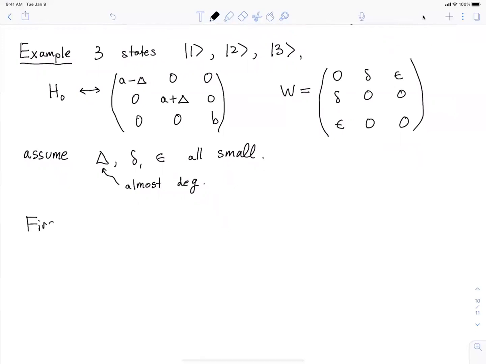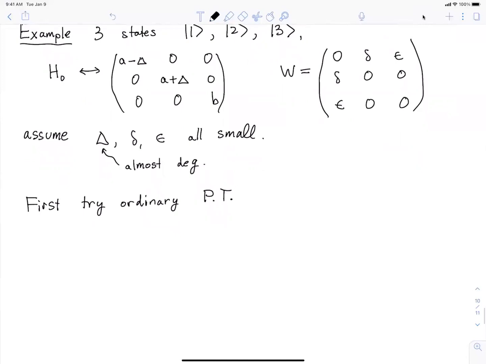So first, try ordinary perturbation theory. Okay, and so first let's just write down our unperturbed energies. Those are just the eigenvalues of H0. So curly E1 is A minus delta, curly E2 is A plus delta, and curly E3 is B. We're just reading that off the diagonal.